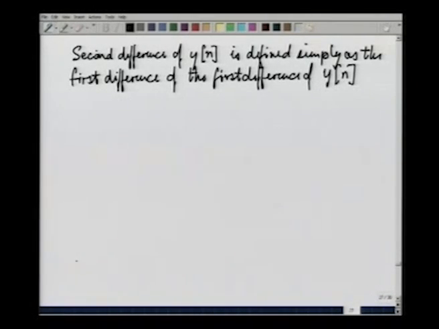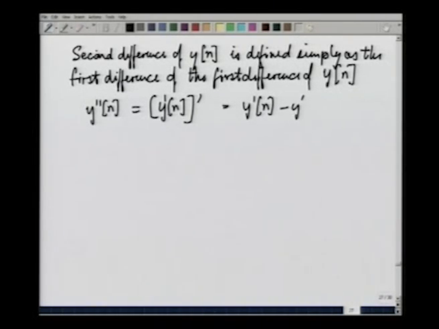So, the second difference of y n, that is to say y double dash n, is defined as equal to y dash of n dash, which is equal to y dash of n minus y dash of n minus 1. This is the second difference.